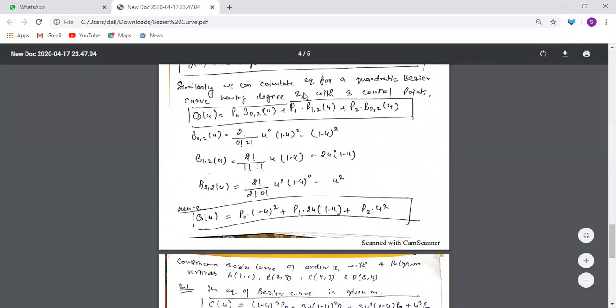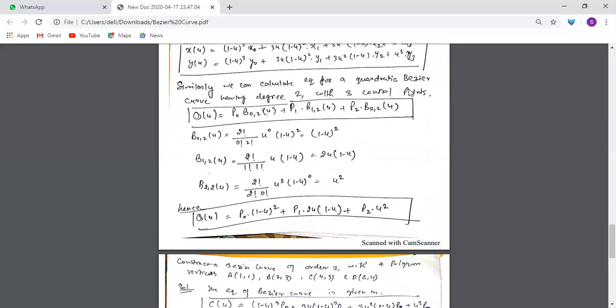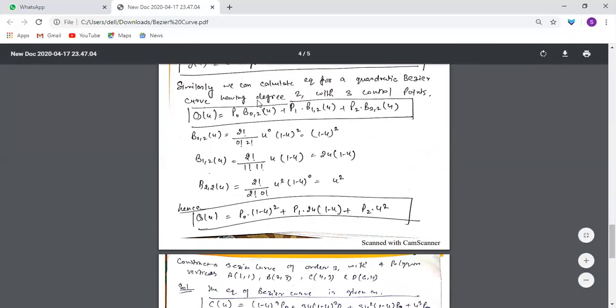Similarly, we can calculate the equation for the quadratic Bezier curve having degree 2 with 3 control points. I think it is clear now that if we have 3 control points, the degree of the curve would be 2, and that curve would be known as a quadratic Bezier curve. We will again use our equation and expand the summation, so we'll get this particular term.